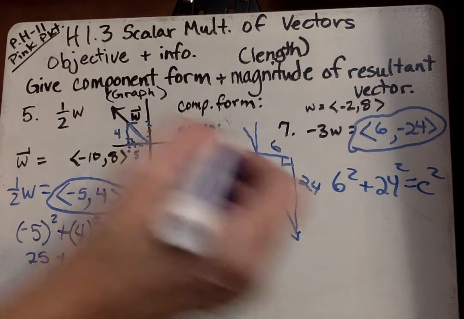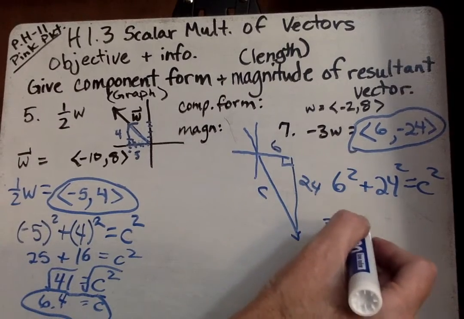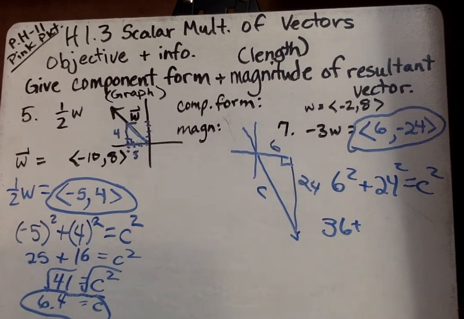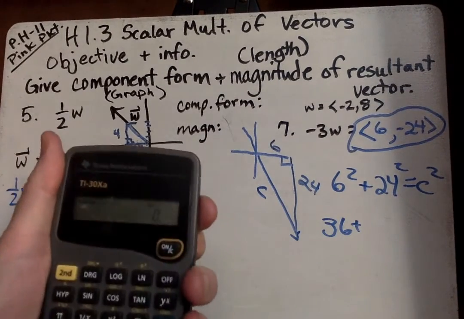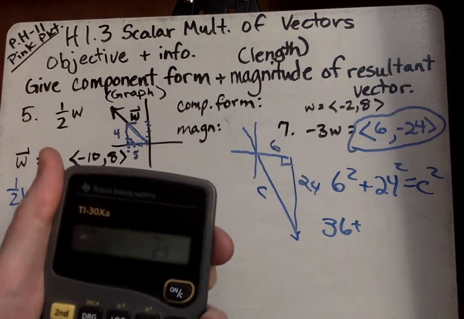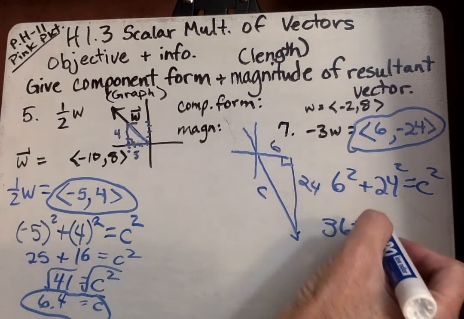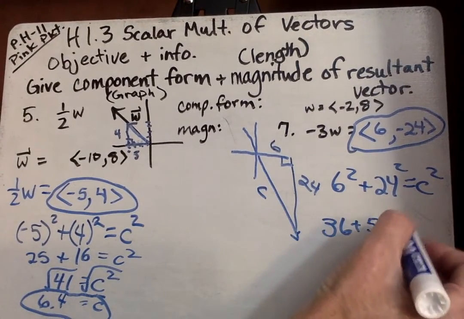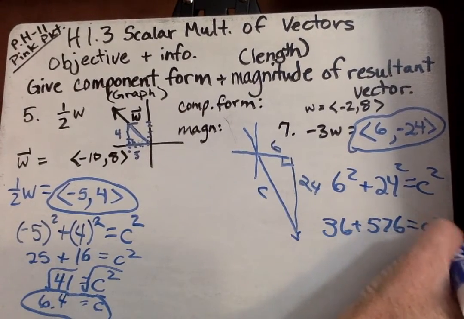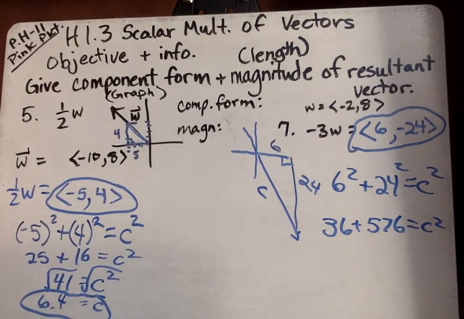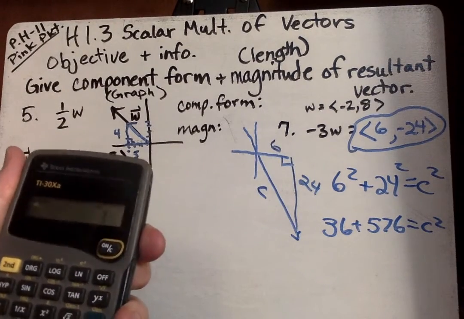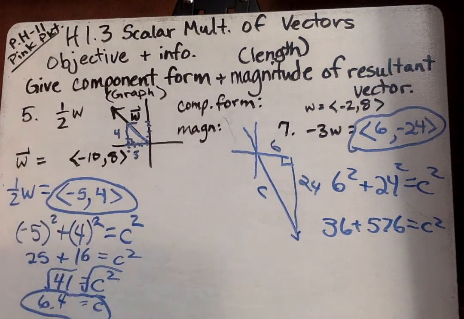Okay, 6 squared is 36. I don't know what 24 squared is. So we go here, 24, and square it. 576. And then I'm going to add 36 to that. 612.